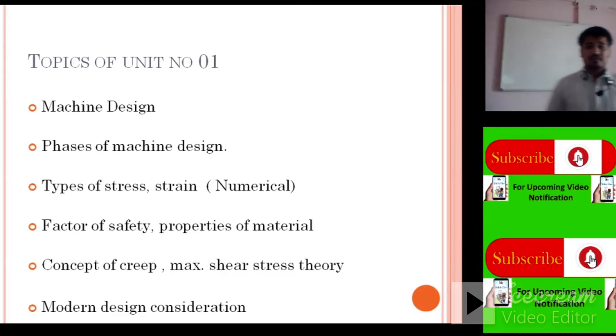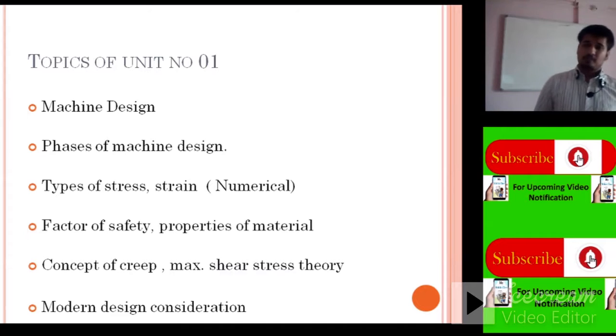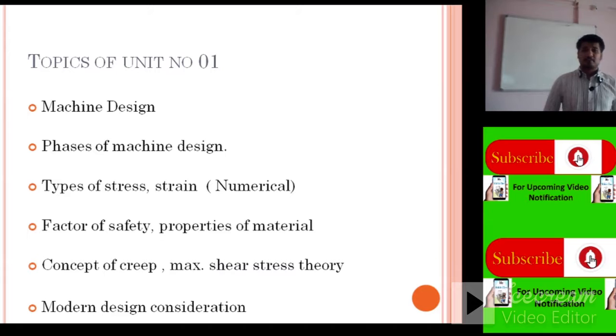After that we have the factor of safety and different properties of material. In different properties of material we have near about 11 to 12 properties. Next point is the concept of creep and maximum shear stress theory, and the last point of this unit is modern design consideration. All these parts we are going to discuss in unit number 1.